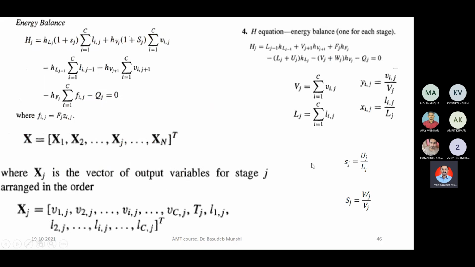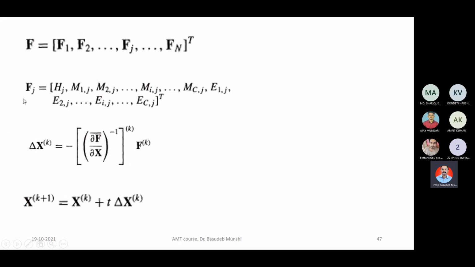Altogether those equations are represented by F. You can change the order, but the method developed and referred to in the textbook considers this order. It is better to follow this order, otherwise you have to rearrange all the equations and it becomes cumbersome.